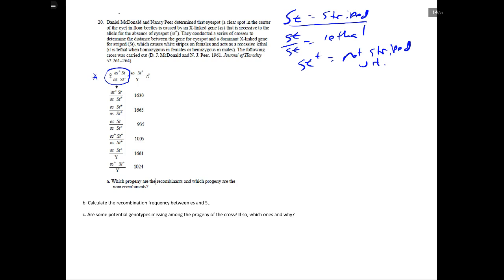But the way they name these mutant alleles is because the initial mutant is dominant, so it has a big S. The mutant allele is called big ST, and big ST over big ST is lethal, but ST plus, that's the recessive. So these guys are recessive. So ES is recessive and ST plus is recessive.